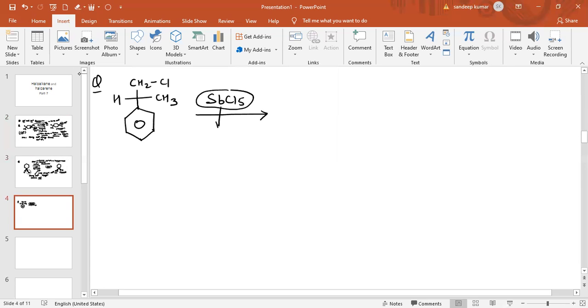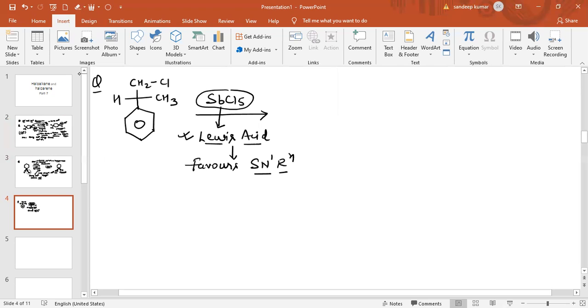I have already explained this SbCl5. This SbCl5 is basically a Lewis acid, and Lewis acid favors the SN1 reaction. So the SN1 reaction is favored by Lewis acids.